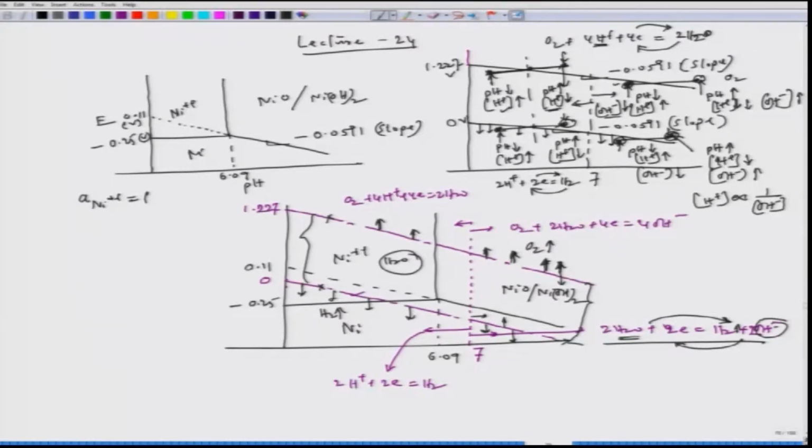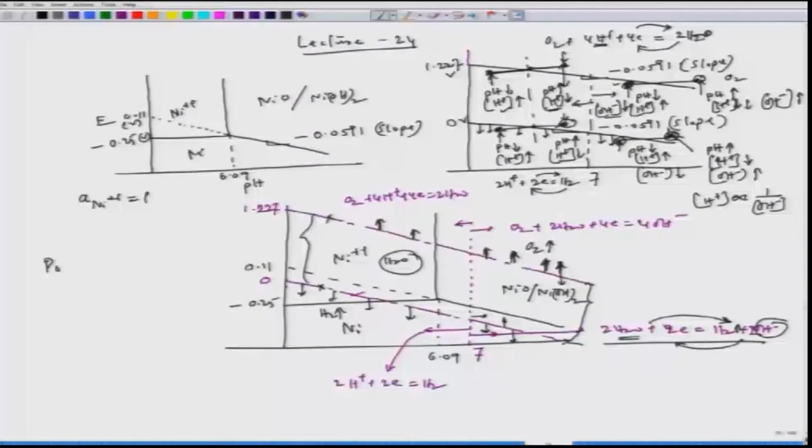Now, what is the importance of specifying where we would get O2 gas evolution and where we would get hydrogen gas evolution? That would be decided by the potential pH coordinate during polarization. We will talk about polarization later on.